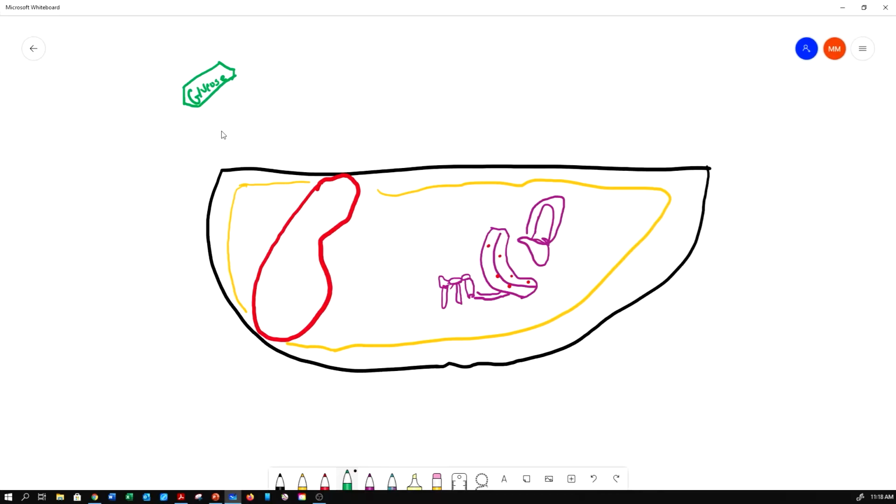All right, so we know that glucose enters a cell, that a reaction occurs inside that cytoplasm, right?